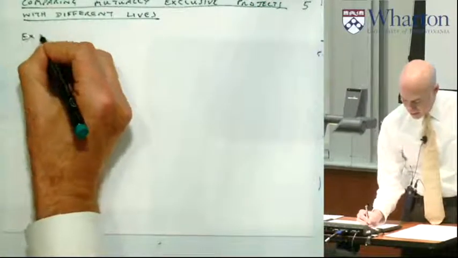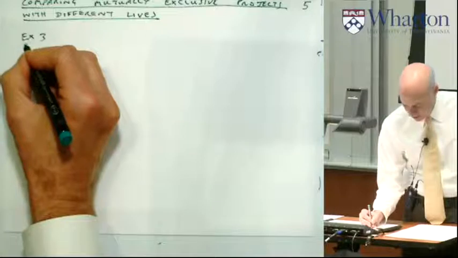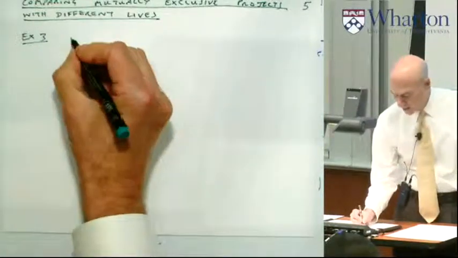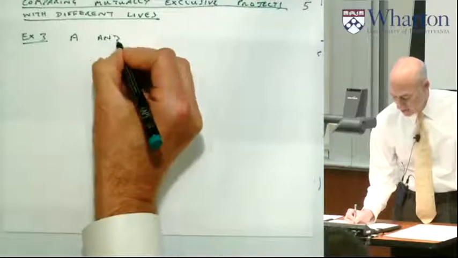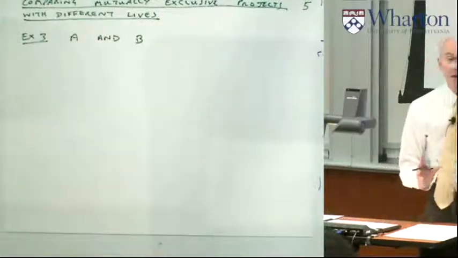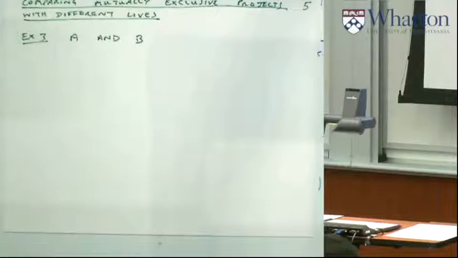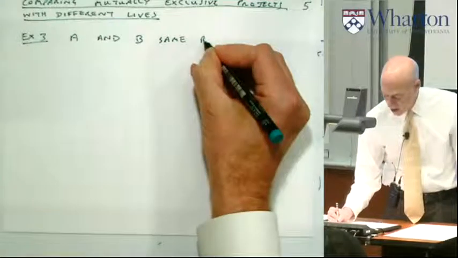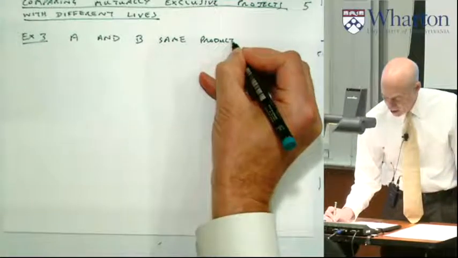So let's look at a simple example as usual. We're going to do a comparison of two machines, A and B. And they perform exactly the same function in the sense that they have the same production each year.